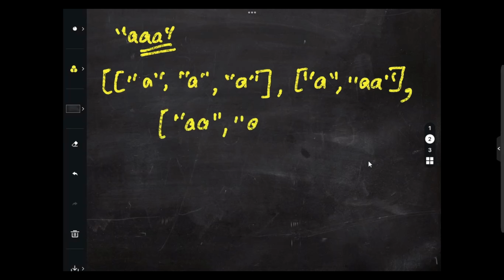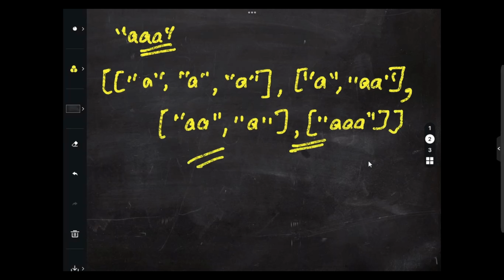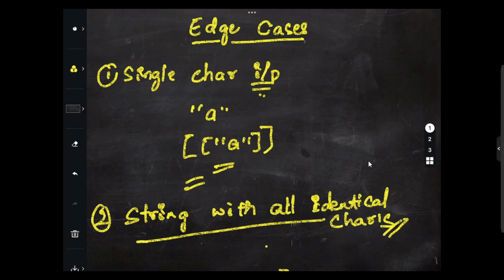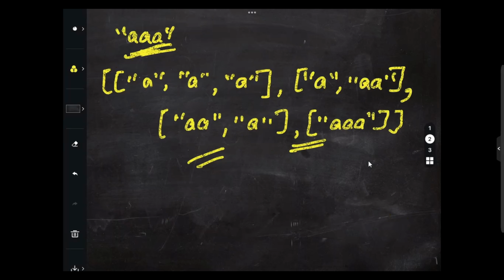This forms another palindromic partition. Finally, this one. This is fine. Why here? Because every substring is a palindrome. We know that every substring is a palindrome when a string with all identical characters is present. So this is for the condition, string with all the identical characters.